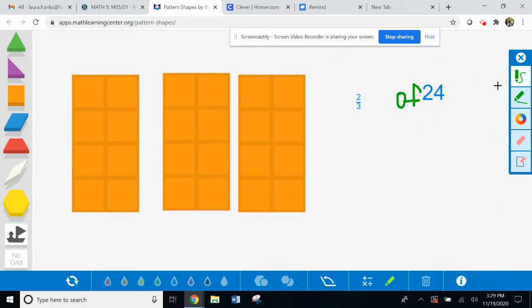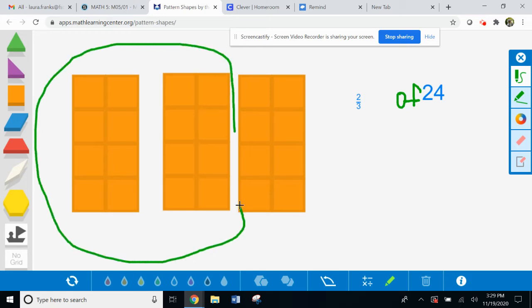You guys, I struggle. So if I wanted to find 2/3 of 24, well, I already have my 24 split into 3 groups. So the denominator tells me how many equal groups I need to split it into. My numerator tells me how many groups I'm looking at. So in this case, it tells me 2 out of my 3 groups. So if I had 2 of my 3 equal groups, I have 8 in each group.